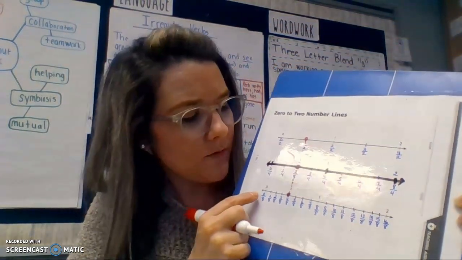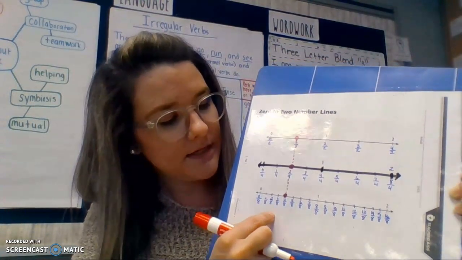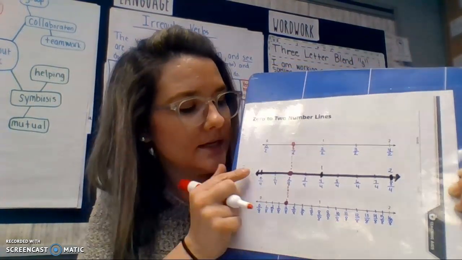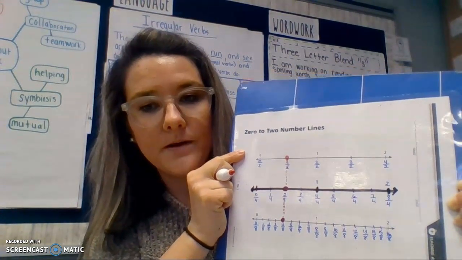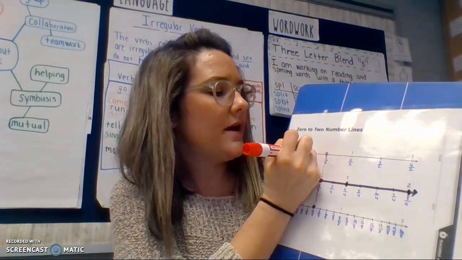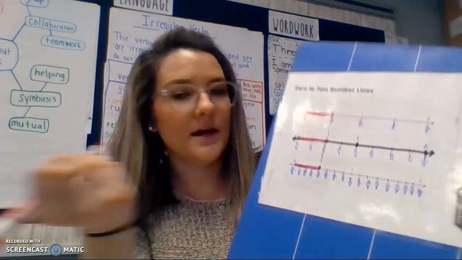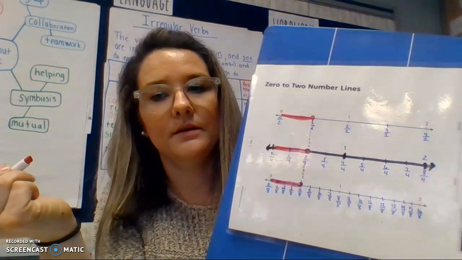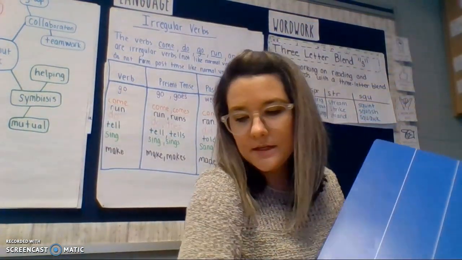If Aunt C walked from 0 to 4/8, Aunt C would have walked the same distance as Aunt B and Aunt A. Okay, sometimes it helps again to think of a fraction bar. So if I drew a line from 0 to 1/2, 0 to 2/4, 0 to 4/8, that would be the same distance.